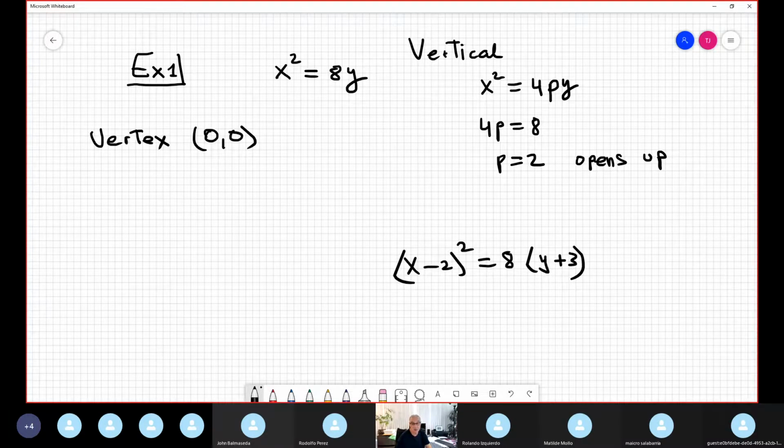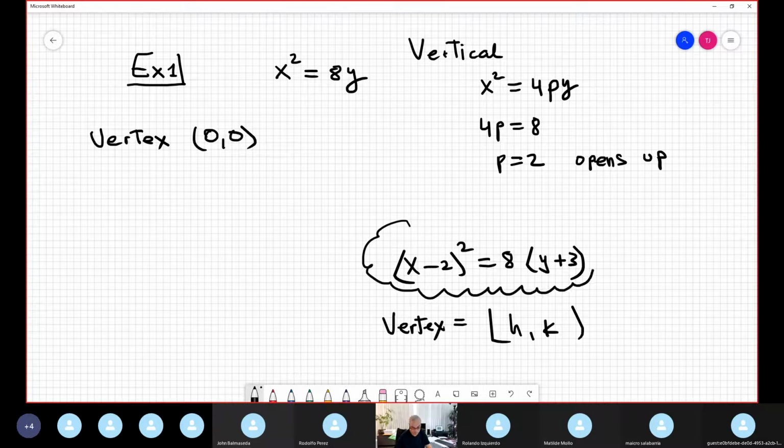Then the vertex is located at another point. It always is (h, k). Who is h and who is k in this example? h is 2.